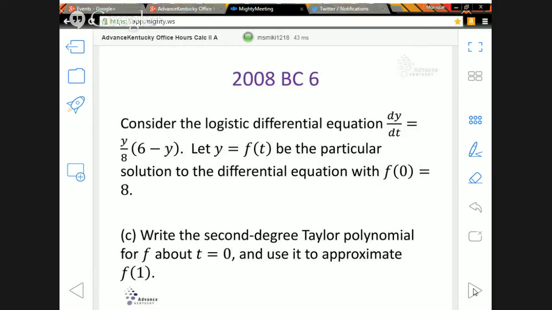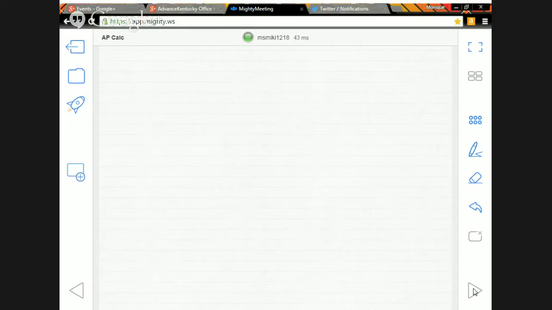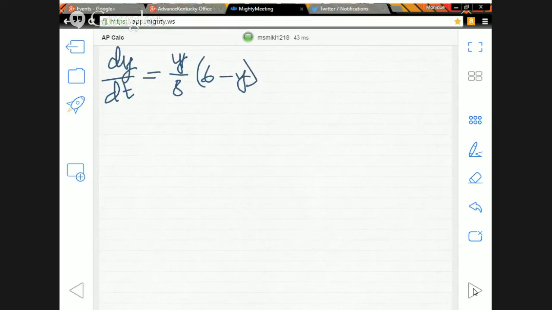So what we're going to do is start out with the fact that we know that differential equation was dy dt equals y over 8 times 6 minus y.